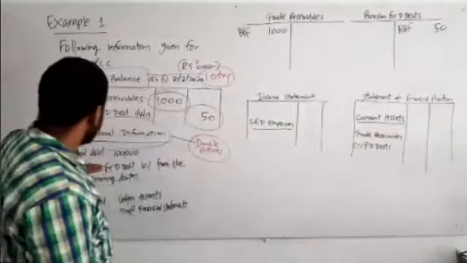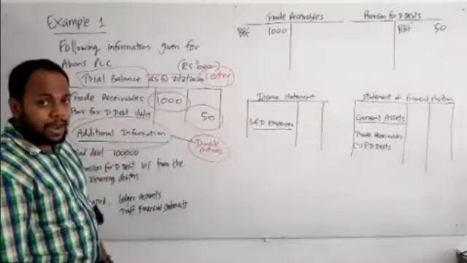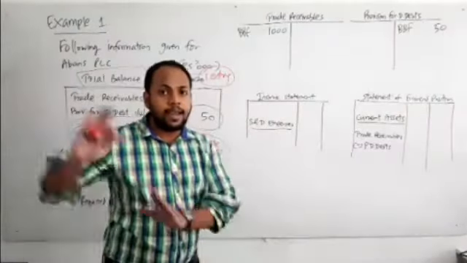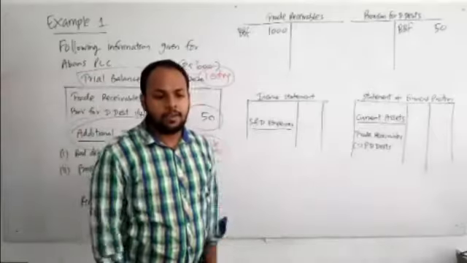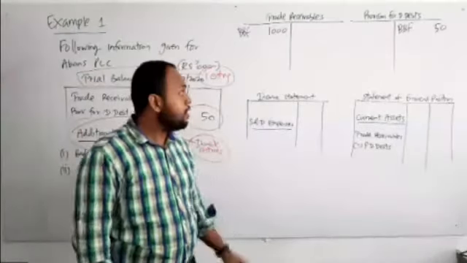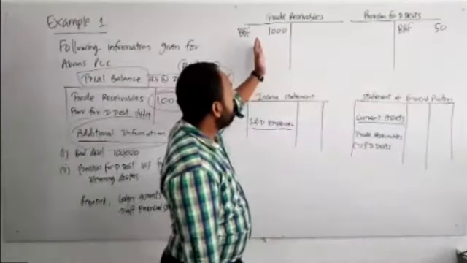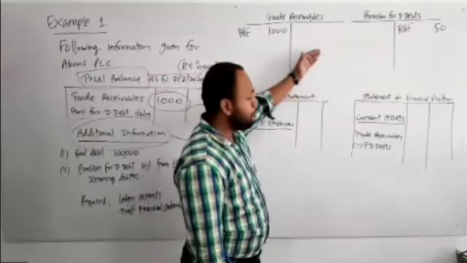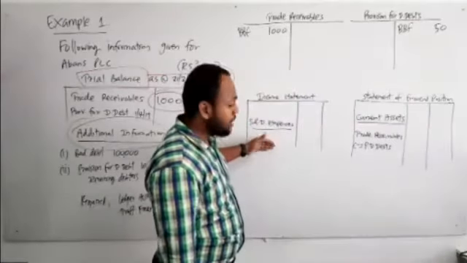So let's do number one, bad debt. What is the double entry for bad debt? I gave you in the previous summary note. Debtors account credit, bad debt account debit. Bad debt is an expense.